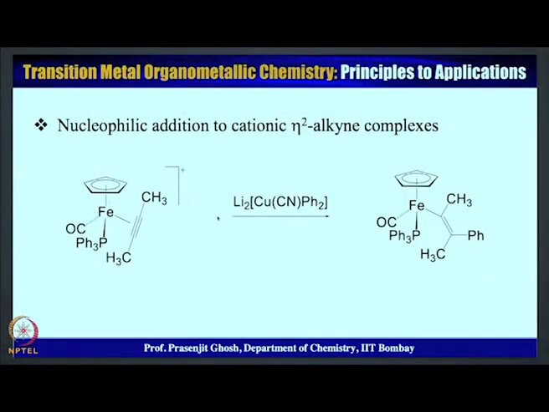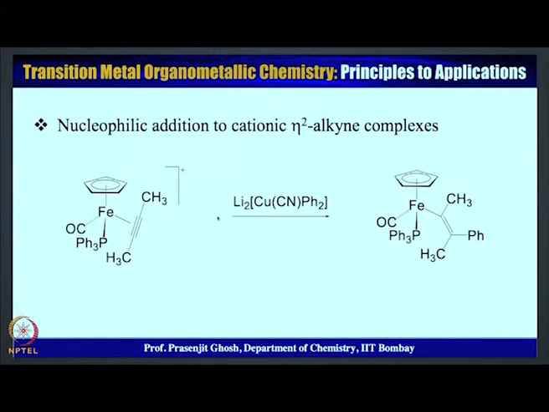Another method in synthesis of alkenyl complexes also involves reaction of a similar eta 2 alkyne complex with a nucleophile. The first one was the eta 2 alkyne complex undergoing oxidative addition.